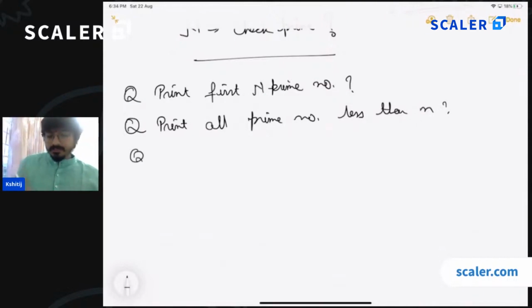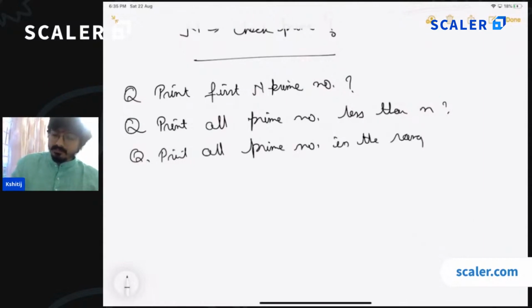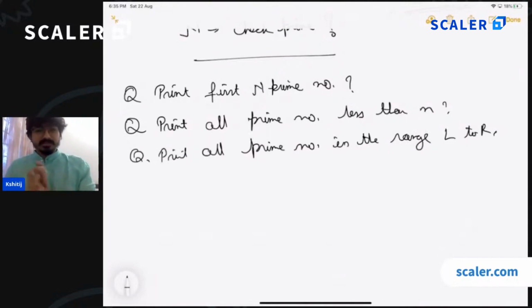Another question would be that you have to print all the prime numbers in the range from L to R. Okay. So these are the three types of questions which we are going to solve optimally in today's class.